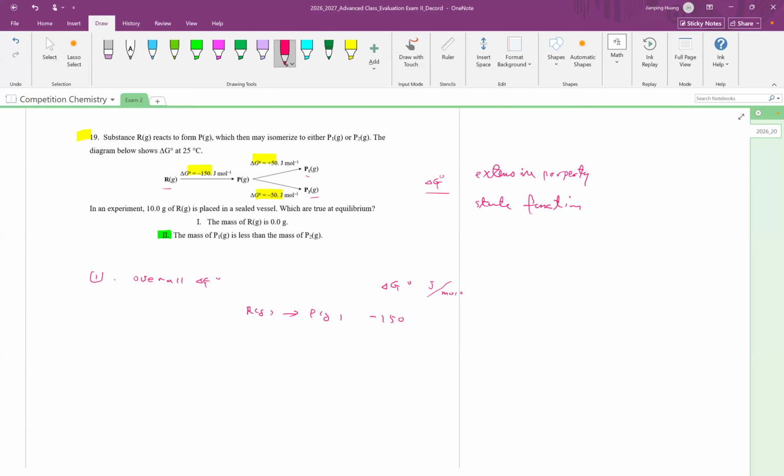So I just save time, okay? Now, Pg to P1 equals plus 50. Pg to P2 you get minus 50.